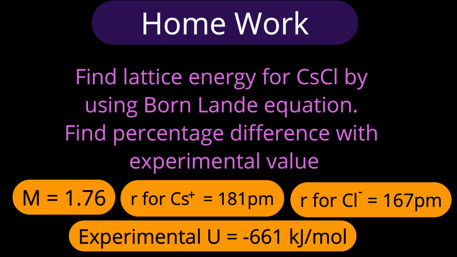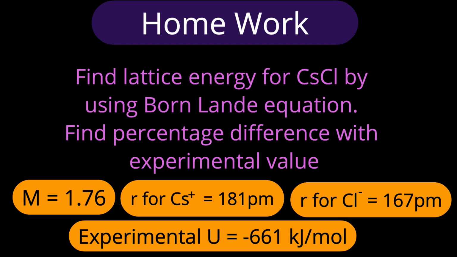Madelung constant, cesium chloride, body centered cubic structure, 1.76. Radius of cesium plus, 181 picometer. Radius of Cl minus, 167 picometer. The summation will give you the value of D, but that will be in picometer. You have to convert it to meter. How? Into 10 raised to minus 12. That's the meaning of pico.